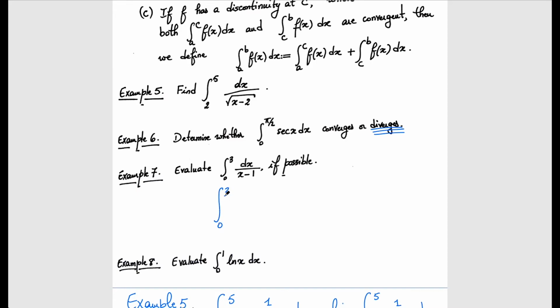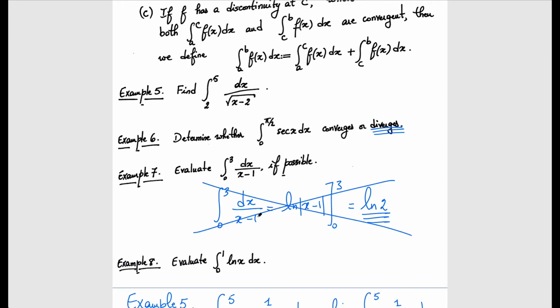We could have written the following, without observing that this function has a singularity or discontinuity at the point x equals 1: ln of the absolute value of x minus 1, between 0 and 3, right? So ln of 3 minus 1 is 2, minus ln of 1, which is 0. So we could have found ln of 2 as the value of this integral, and this is completely wrong, because this integral actually is an improper integral, and an evaluation like this would be completely wrong.